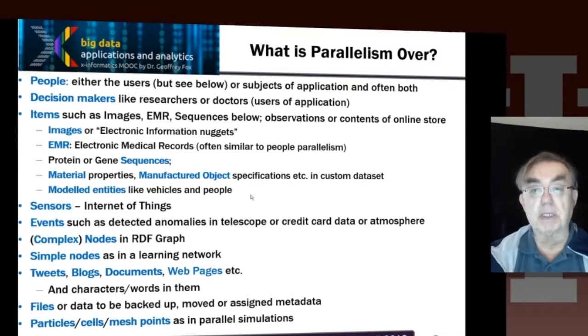So one of the things that we classify in those 51 cases is what's big, which is essentially what is the parallelism over. Big data runs on big clouds, which have lots of nodes and cores and processes and threads running simultaneously. That's parallel computing.